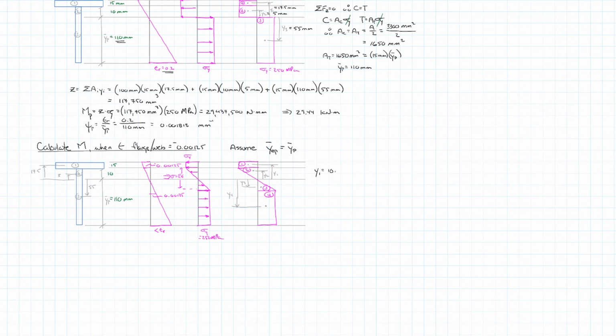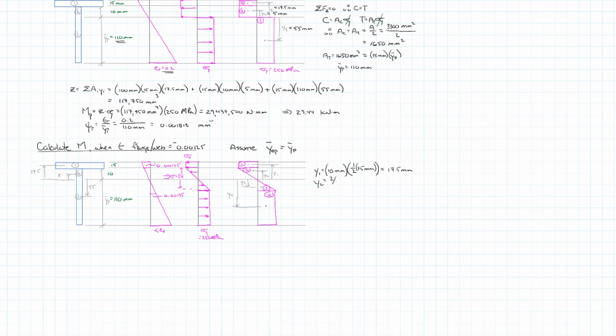So y1 is equal to our 10 millimeters between the neutral axis and the bottom of the flange, plus half the thickness of the flange, or 1/2 times 15 millimeters. That's equal to 17.5 millimeters.